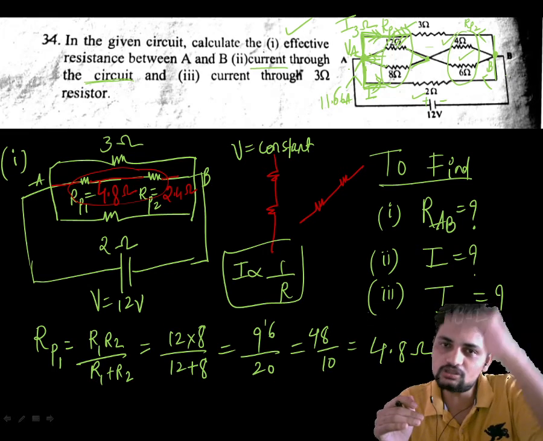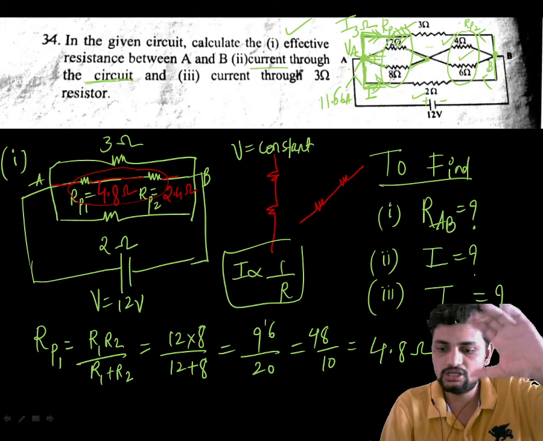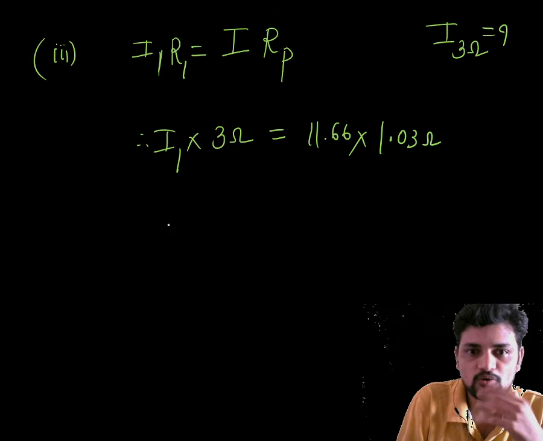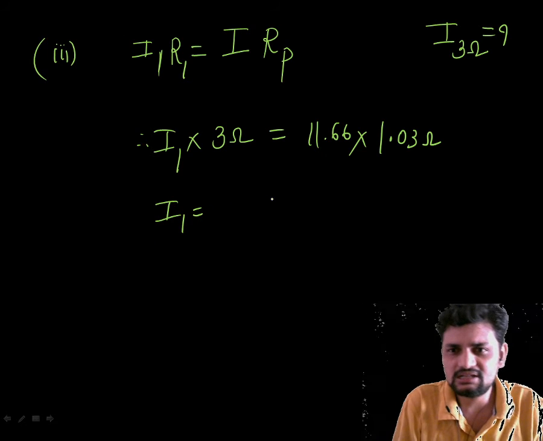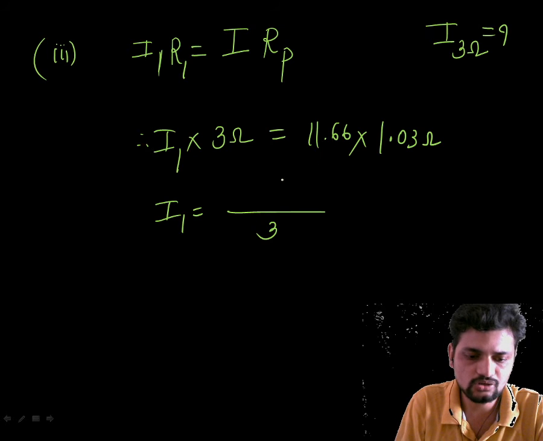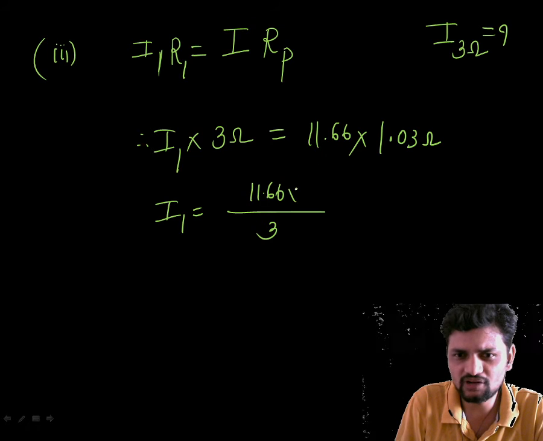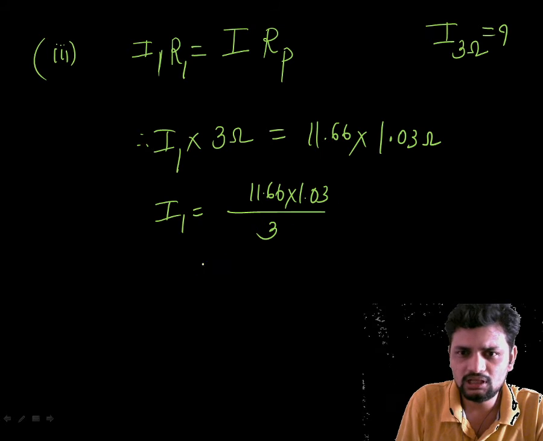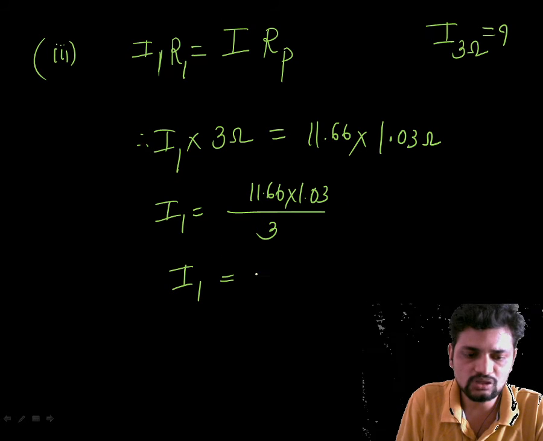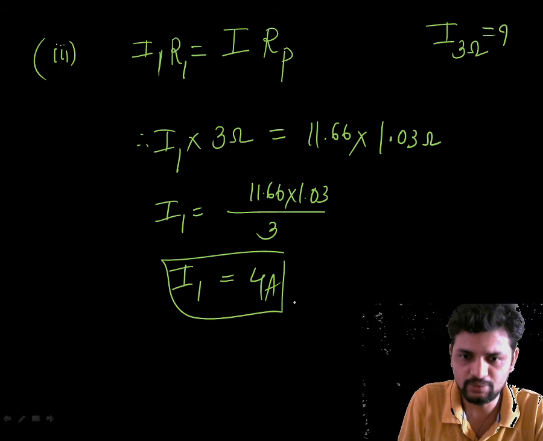So through all those three branches potential is constant. I'm using this concept to find the third sub question. After that it's a simple multiplication. So 3 will come down, 11.66 into 1.03, and if you further solve this, you will end up with the current flowing through the upper branch, which is 4 ampere.